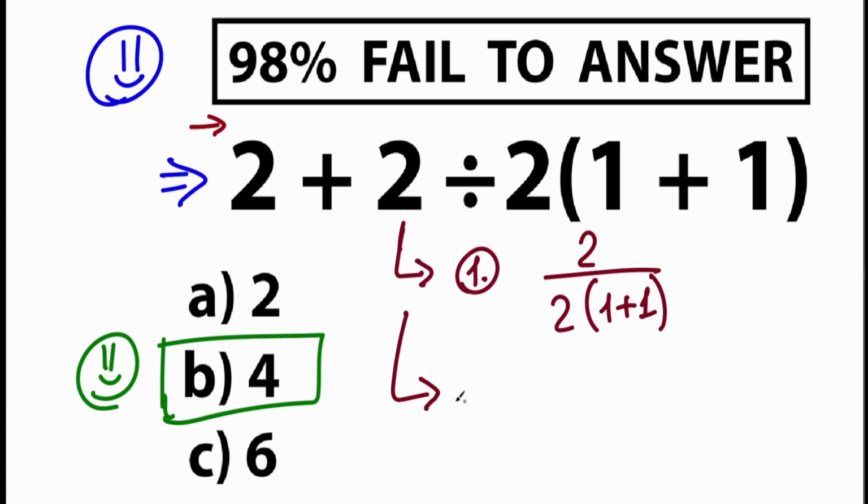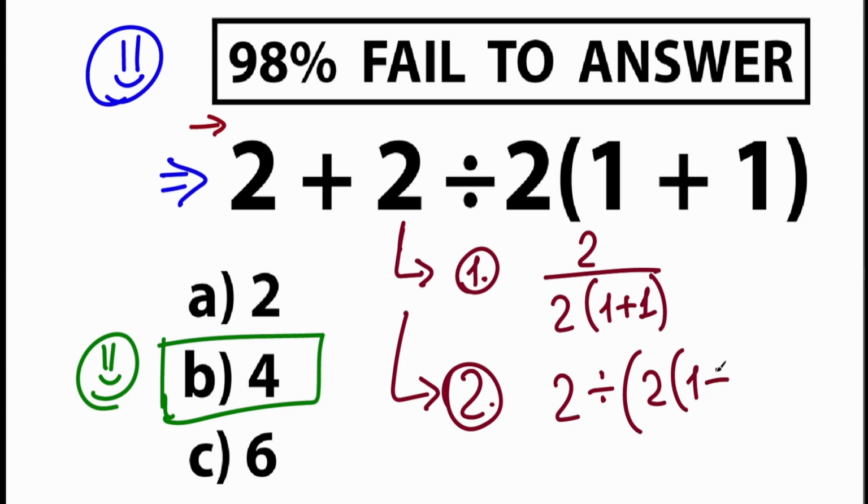Or the second interpretation, you need to use parentheses. So 2 divided by, and just mention that you want to divide it by the whole product on the right side. Without any difficulties with PEGMDAS, you can use both of these interpretations, and everything will be great.